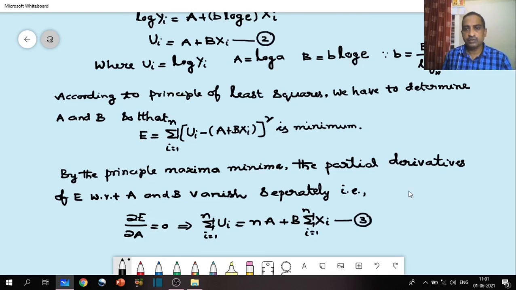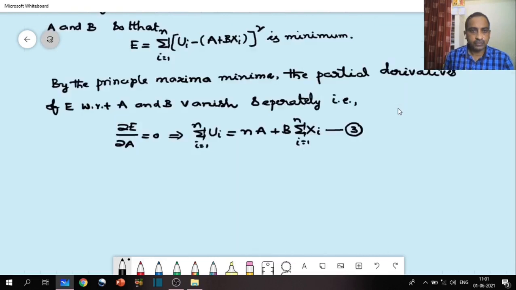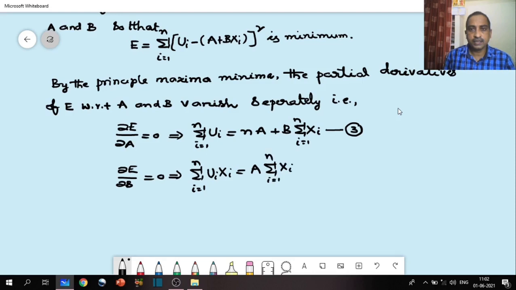Now you take the partial derivative with respect to B. So dou E by dou B equals 0, which implies summation ui xi equals A summation xi plus B summation xi square.